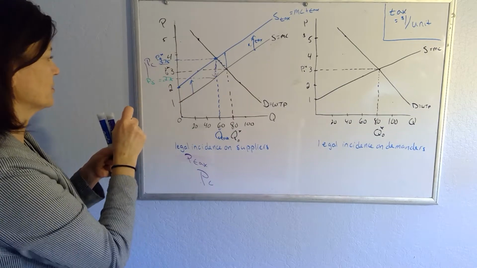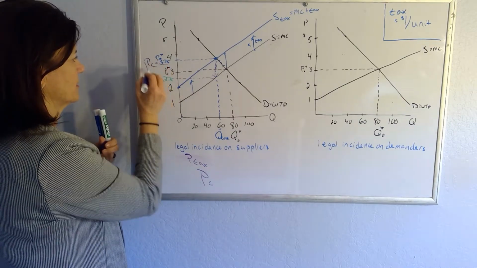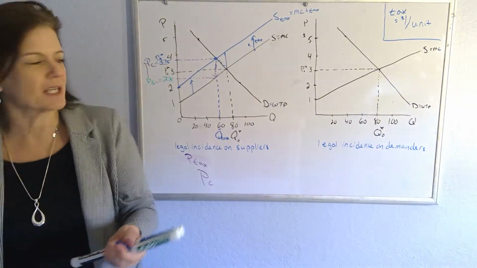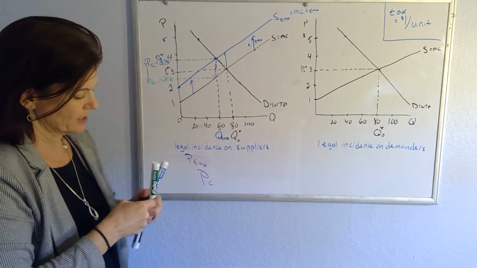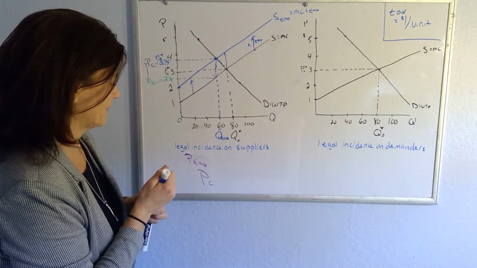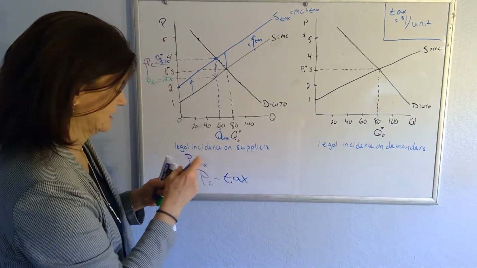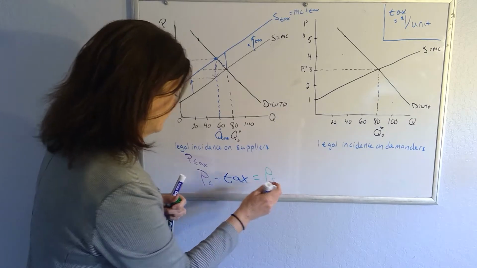So the consumers pay $3.75 to the suppliers. The suppliers take $1 and send it to the government, so the suppliers end up keeping only $2.75. So the price consumers pay minus the tax is the price that suppliers get to keep.